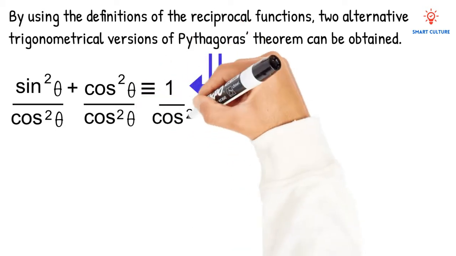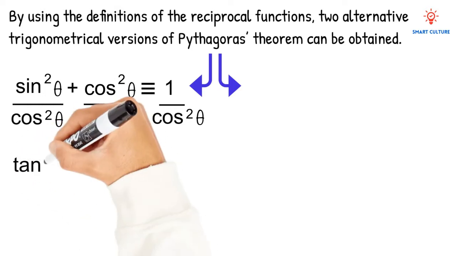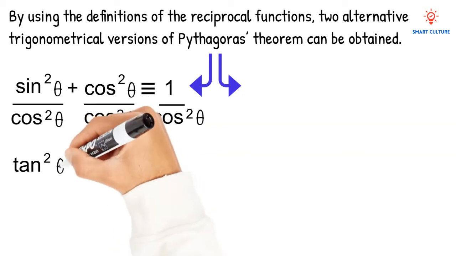Now remember, sine of theta divided by cosine of theta is equal to tangent of theta. So the sine of theta squared divided by the cosine of theta squared will be equal to the tangent of theta squared.